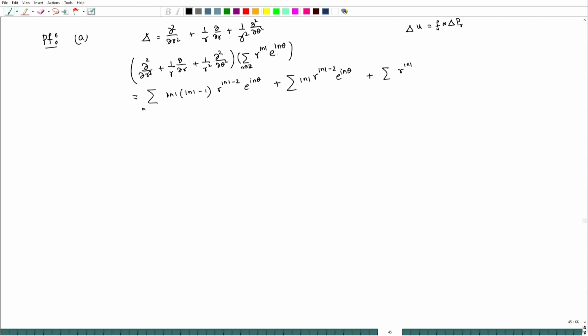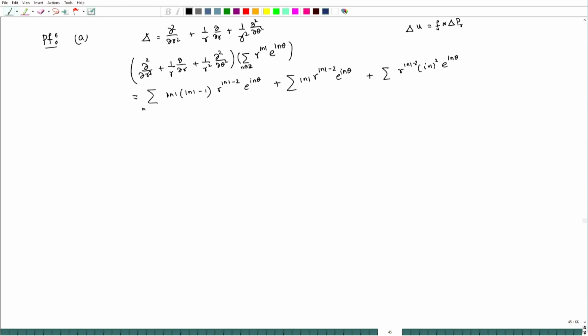If I take the first derivative, I will get in e^{inθ}, the second derivative I will get (in)² e^{inθ}, then 1/r² is here. So we have r^{|n|-2}.